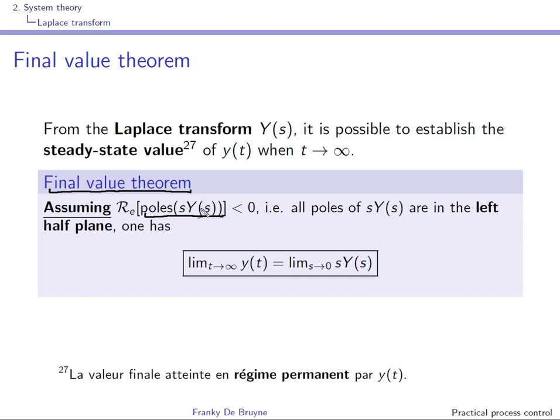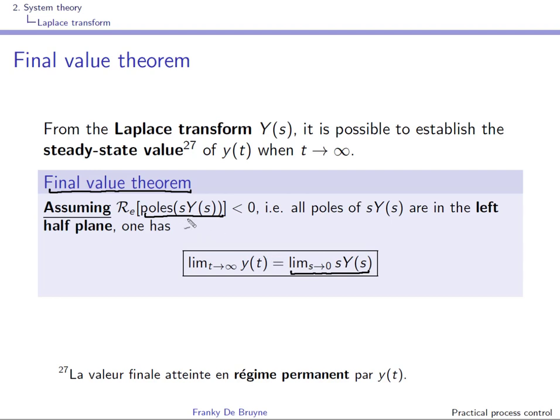If this is the case, you can use the final value theorem to obtain the steady state value of y of t, and you can obtain it by considering this limit when s tends to 0 of s y of s. You can see here again that this relation in 1 over x between time and frequency is used. Here t tends to infinity and here s tends to 0.